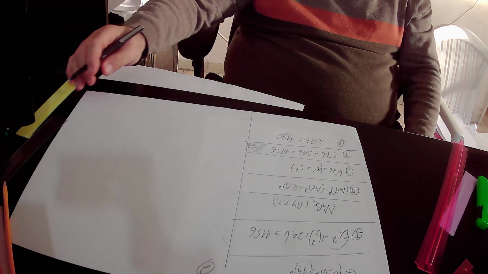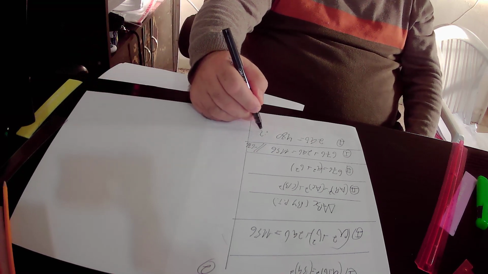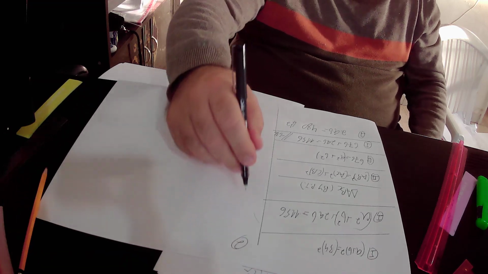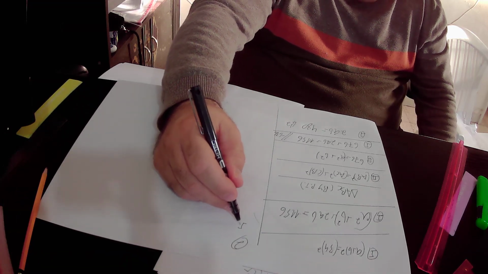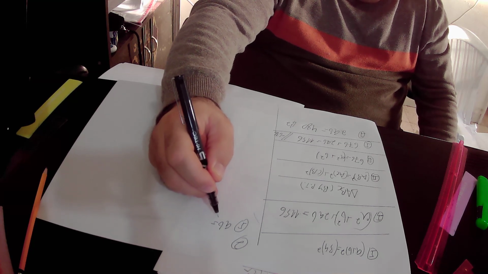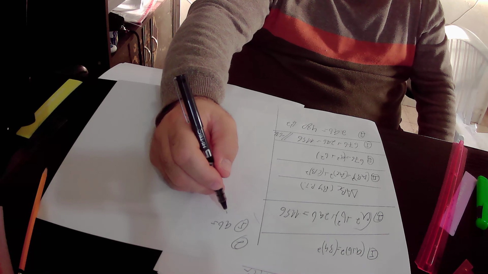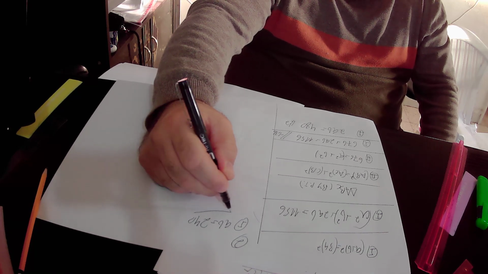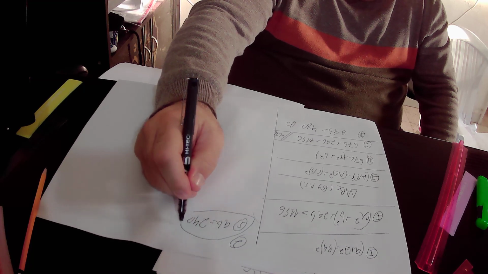Here we divide this equation number 1 by 2, and we get that A times B equals 480 over 2, which is 240. So we found out that A times B equals 240.